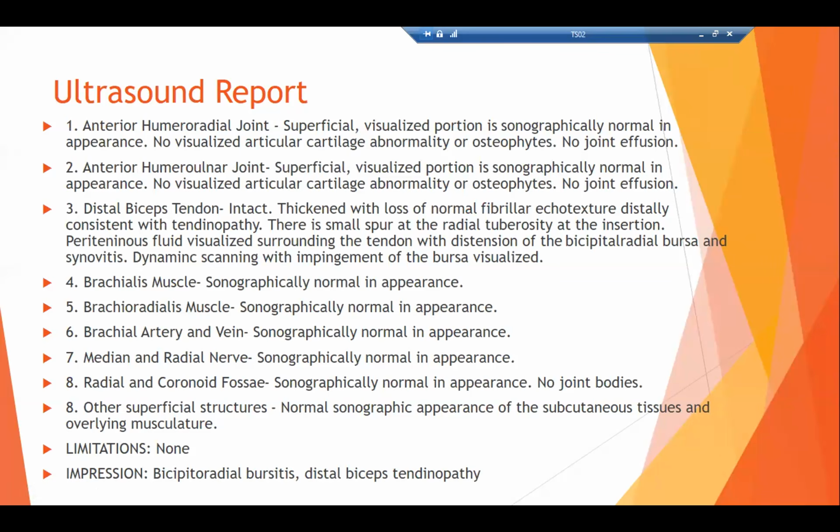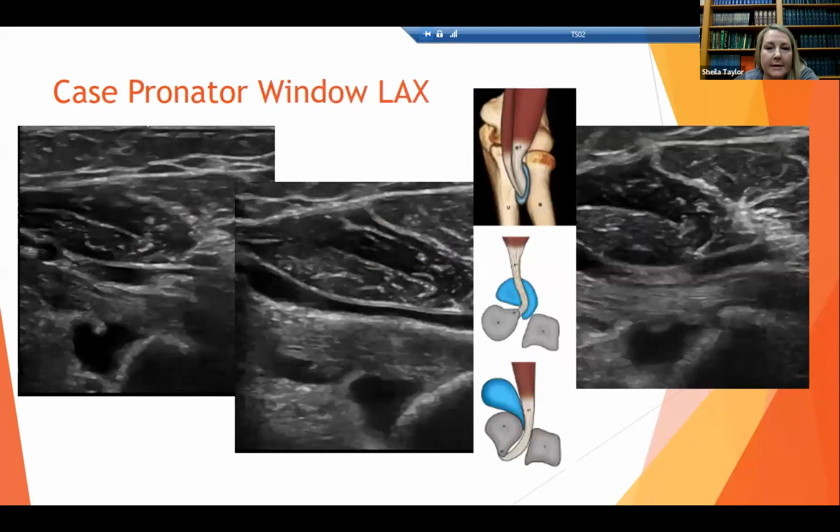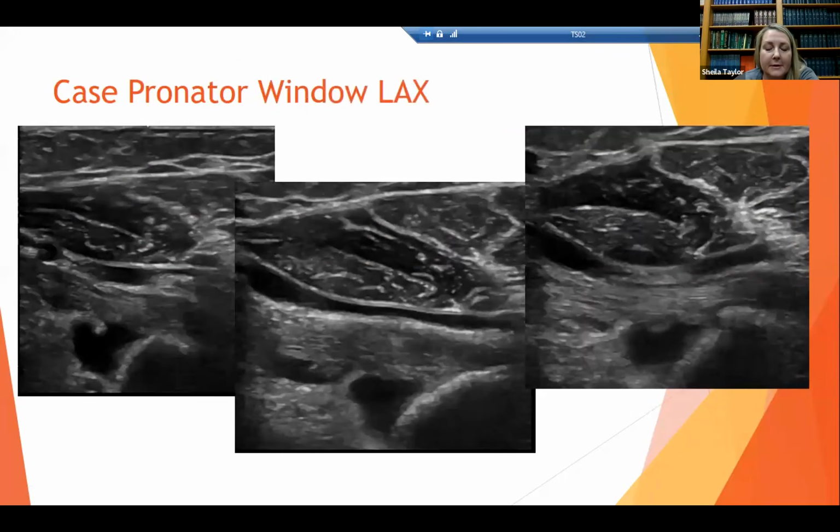I have one question. Sheila, when you aspirated, did you go into that short axis Cobra position to do the aspiration? No, because I think it's hard, since you only have a small piece of the bursa visualized. This was tricky because obviously you want to avoid the artery.